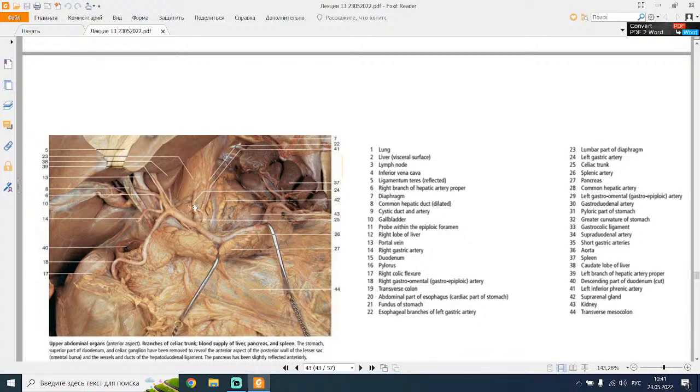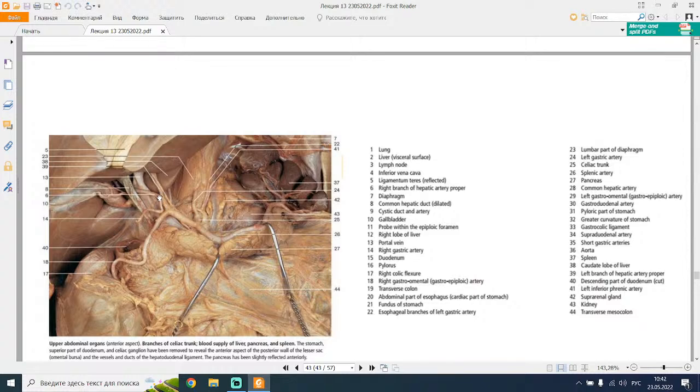What you see: truncus celiacus, arteria lienalis, or arteria splenica. This is arteria hepatica propria.